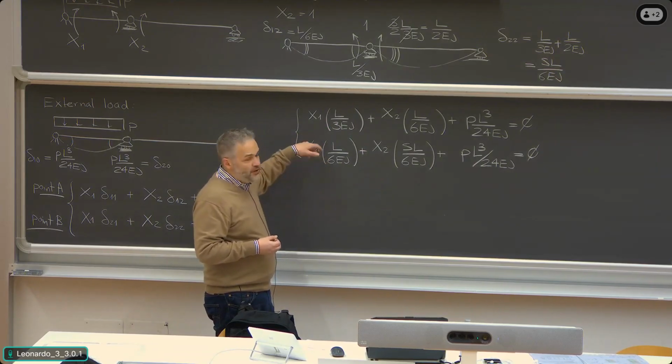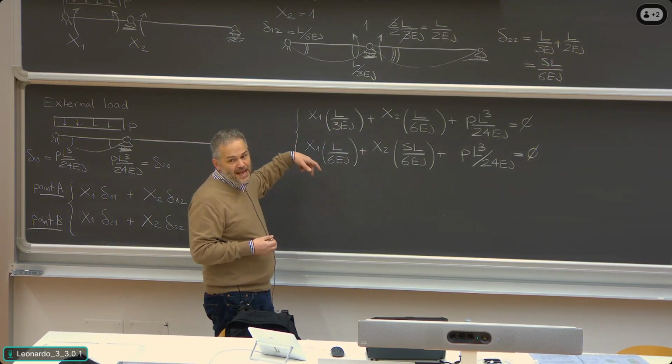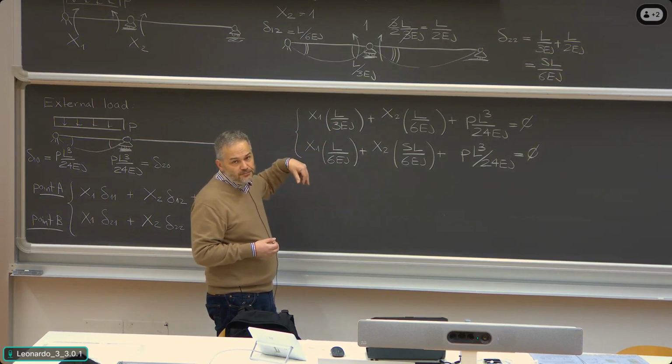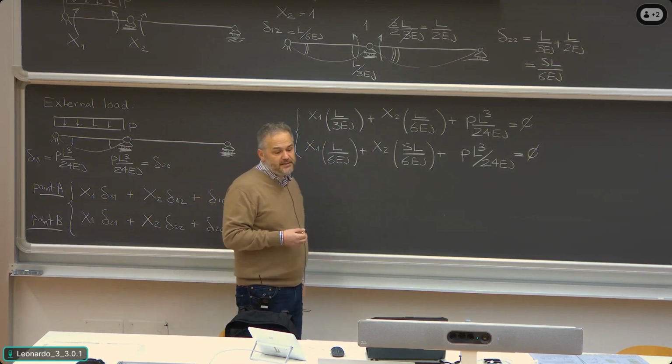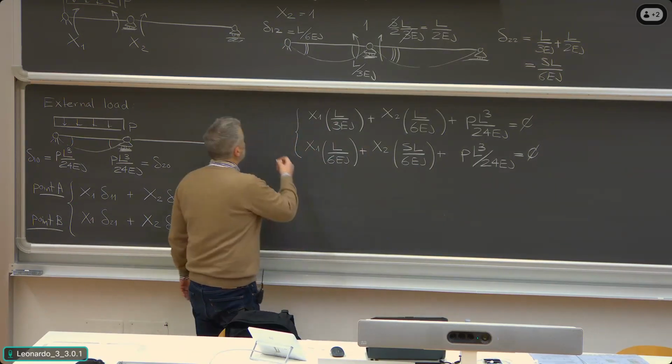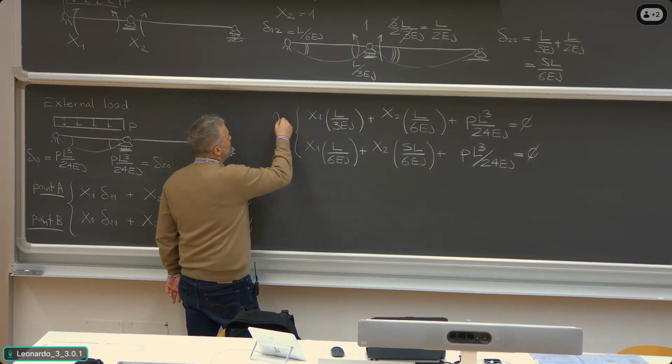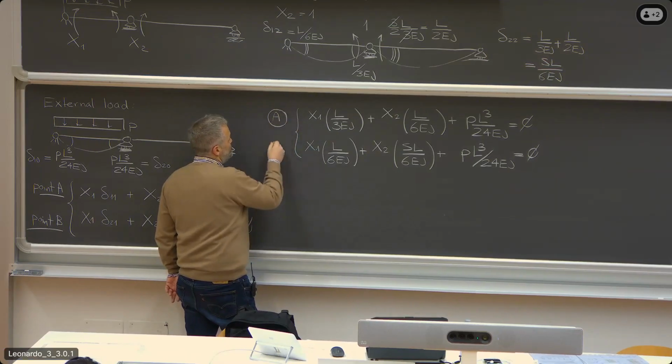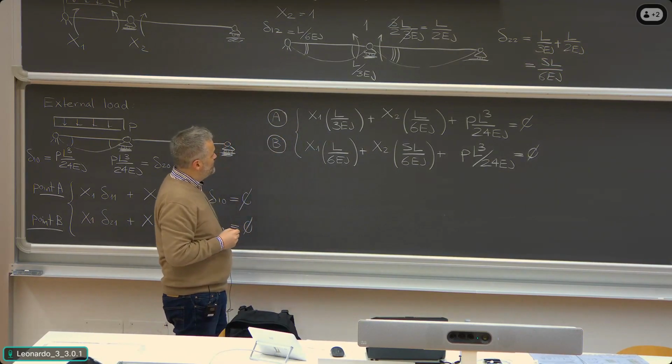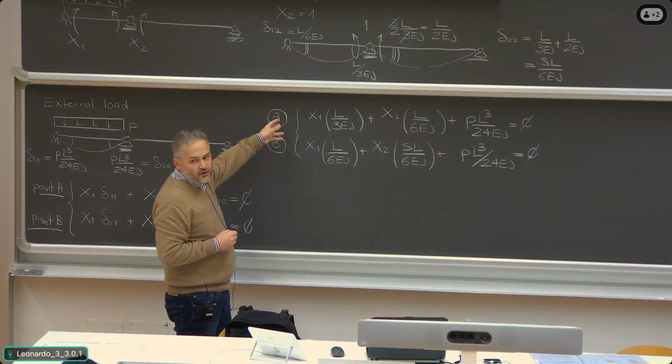replace one of the two equations with a linear combination of the two. And by this, I mean that if you call this equation A and you call this equation B, whatever linear combination of these two equations can be added to the system.